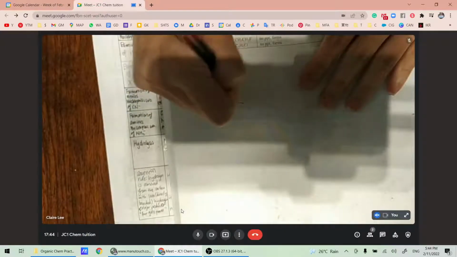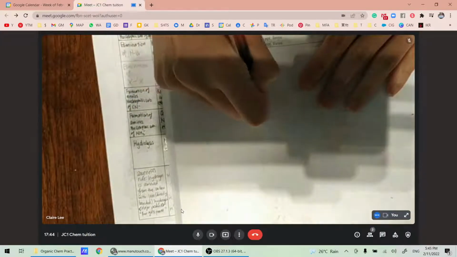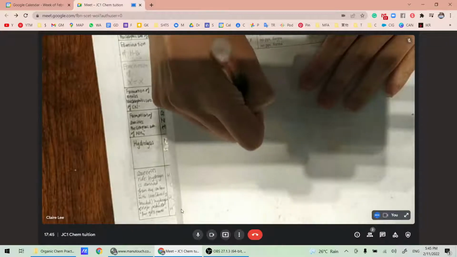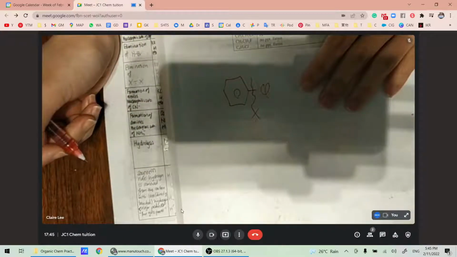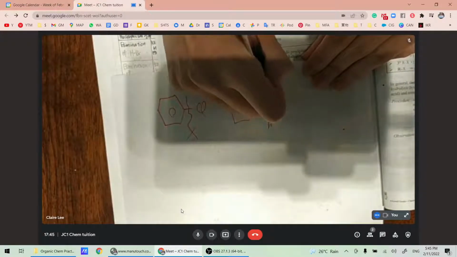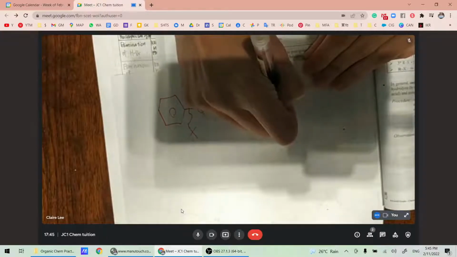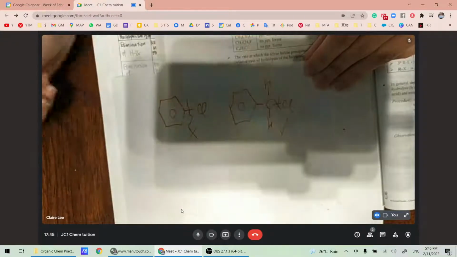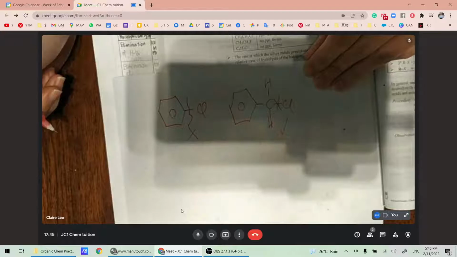Okay, so here is me explaining that this C-Cl bond is impossible to break, but if you have a C-Cl bond in an alkyl group attached to a benzene ring, this is possible. So the left is impossible, the right possible. Okay.